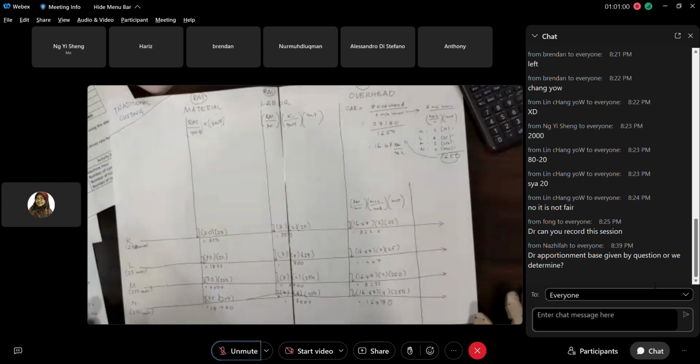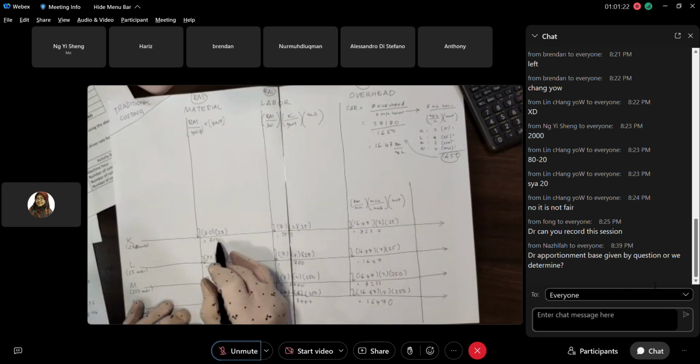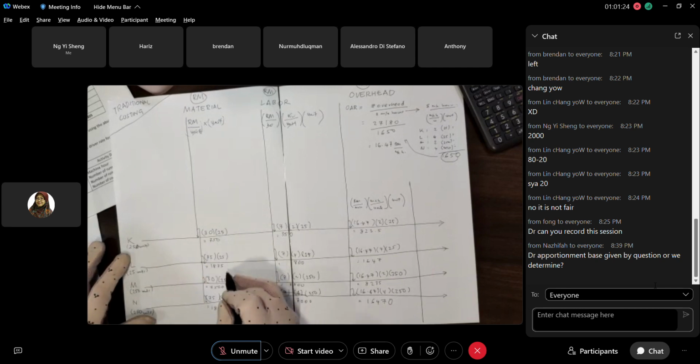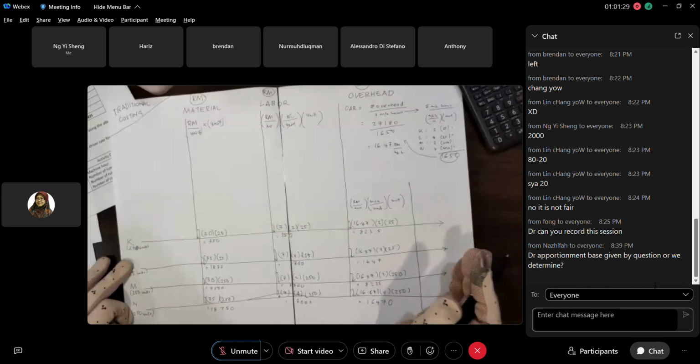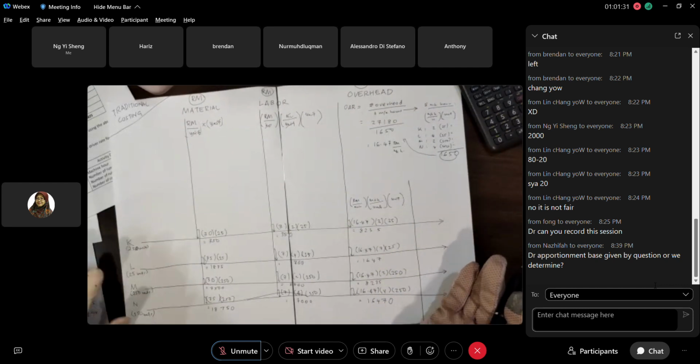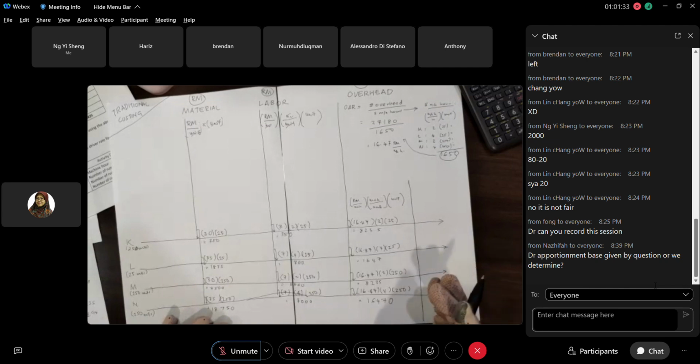What are we doing now? You can answer. After we get the numbers here for the material for K, material for L, M, N, also the labor and also the overhead, what should we do after finishing all these numbers? What to do?